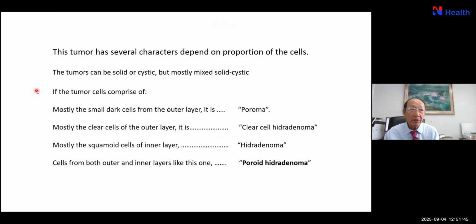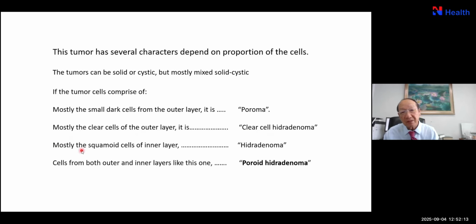And because of the various types of cells, if most of the lesion is small dark cells, the tumor will be called poroma, or eccrine poroma. We now reduce to just poroma. If most of them are clear cells, they will be called clear cell hidradenoma.